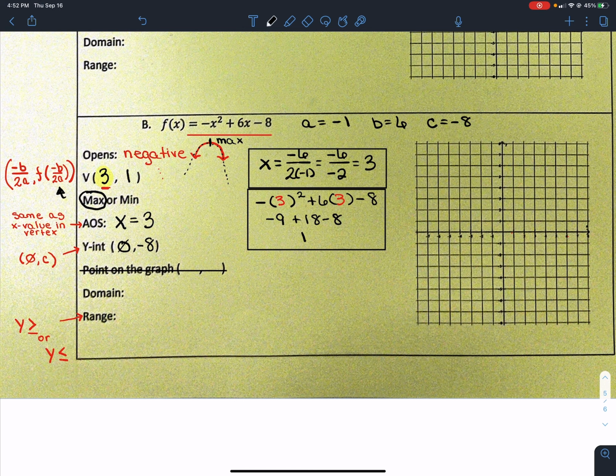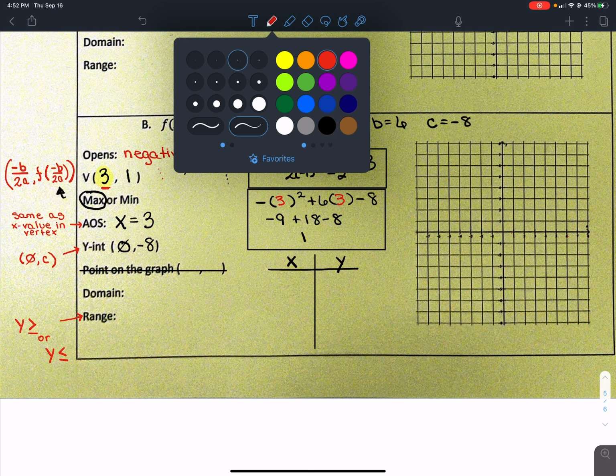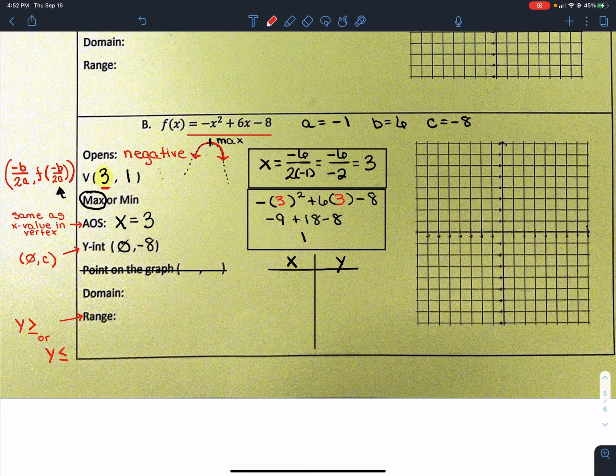Now we're going to create a table, and we'll come back to the domain and range here. So our x values and our y values. Whenever we're talking about a table, always try to put that vertex right in the center, because it helps us see where that axis of symmetry is going to go when we graph it.